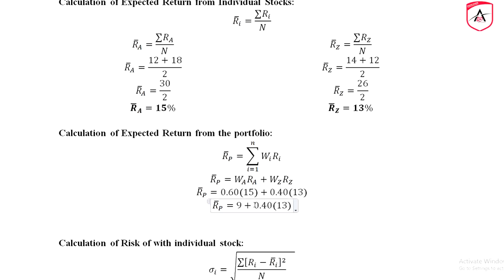So the return is going to be 5.2. So 9 plus 5.2 is 14.2%. So the return on portfolio, if we combine the investment, is going to be 14.2%.